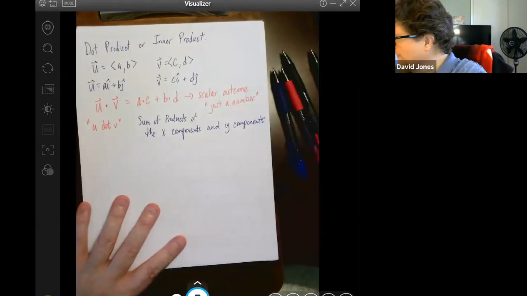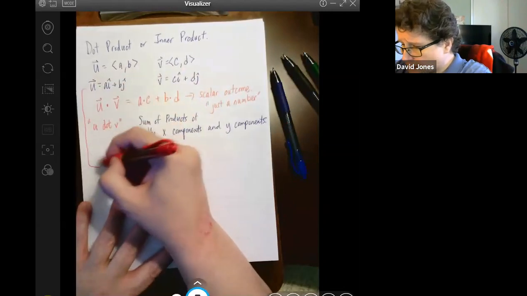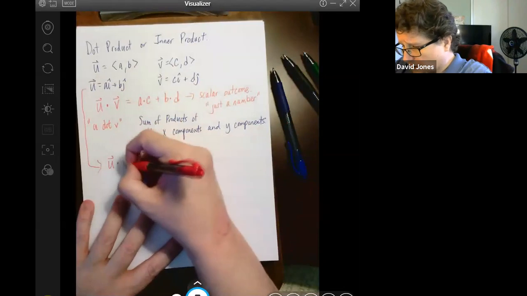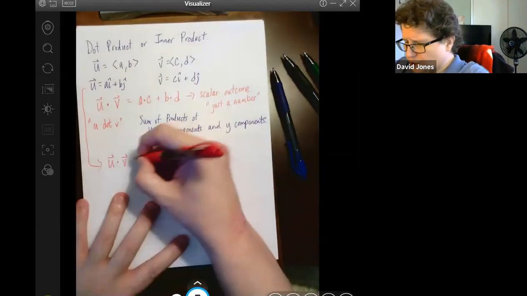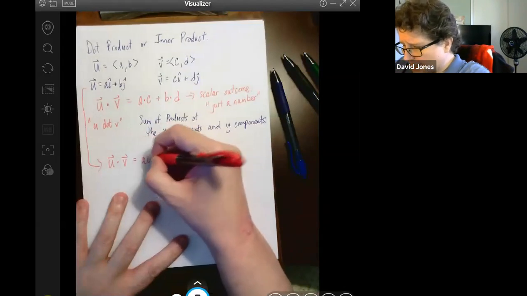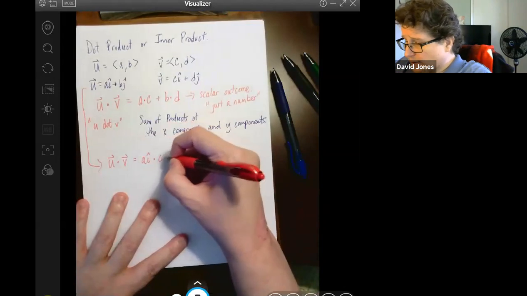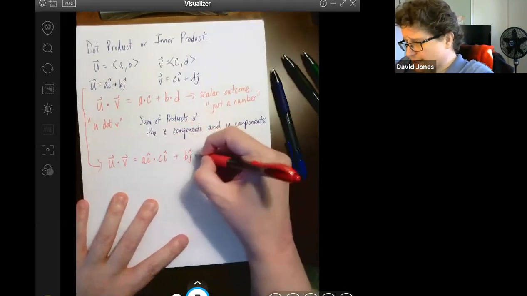Before I go through the general properties, I want to show you how this works here. What we're doing is we're taking A I and multiplying it by C I, and B j dotted with D j.